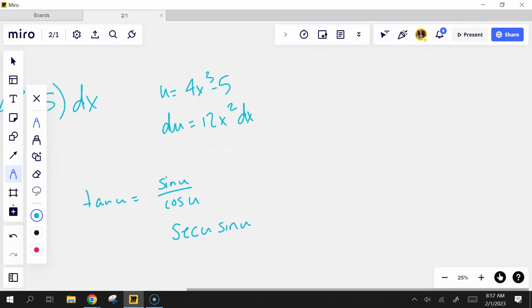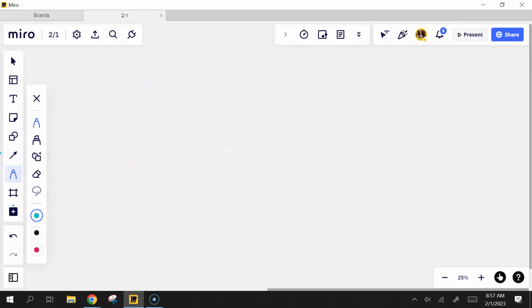Come back to this one. I don't think we're gonna be able to do that one without showing you integration by parts, and we're not.